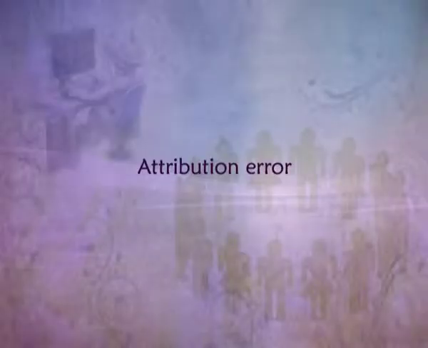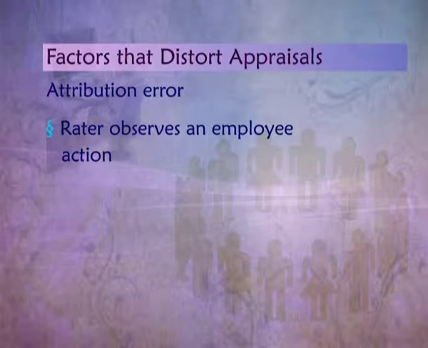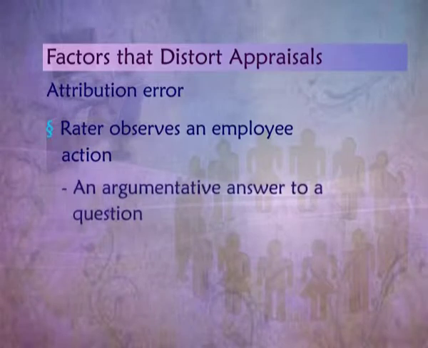Next is attribution error. In simplified terms, attribution is a process where an individual assumes reasons or motivations, such as attitudes, values or beliefs, for an observed behavior. So, attribution error in performance appraisal might occur when the rater observes an employee action, such as an argumentative answer to a question, and assumes that the individual has a negative attitude toward the job and is a poor performer.